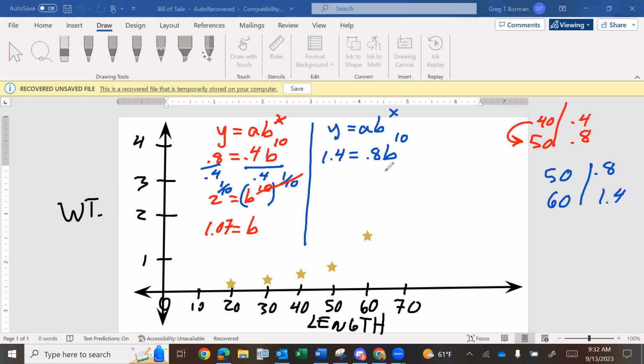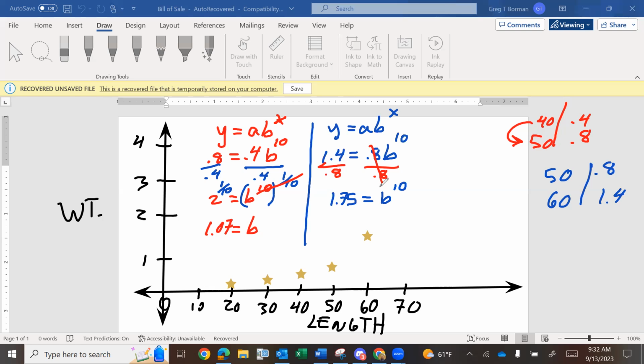So now I'll divide by 0.8. I need my calculator over here. 1.4 divided by 0.8 gives me 1.75.